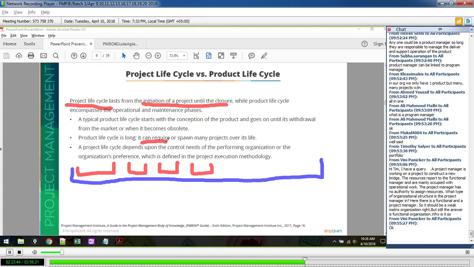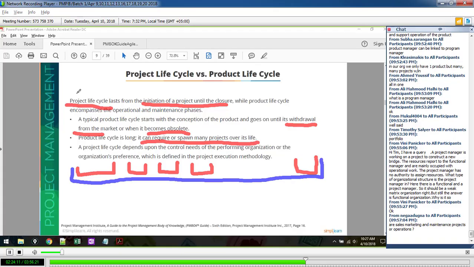Product life cycles can require or spawn many projects over their life. And in fact, there's always one project at the end of a product life cycle. We call it withdrawal from market or obsolescence. Take it away from market or make it obsolete. So product life cycle is how companies manufacture products, but projects is how we change products.